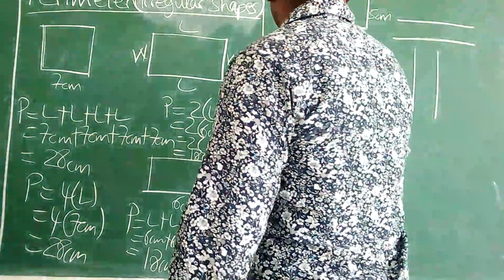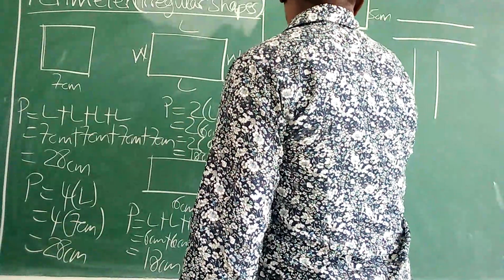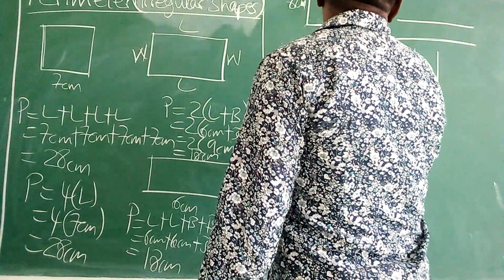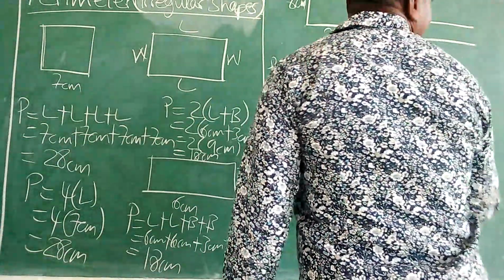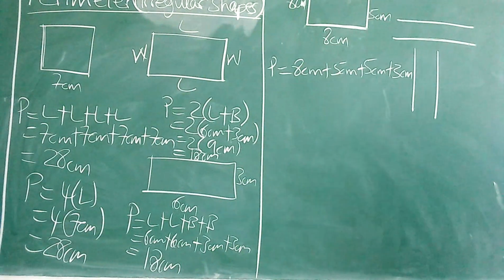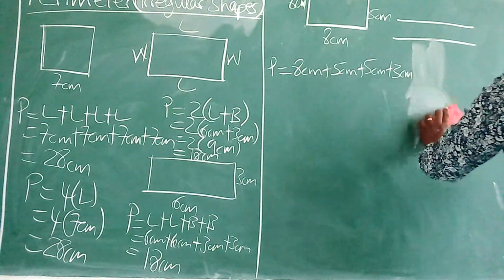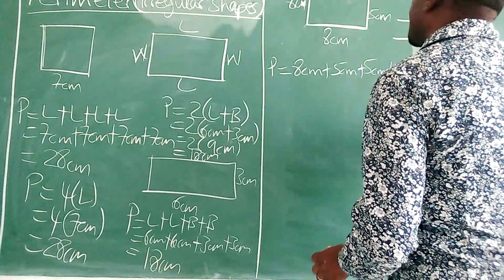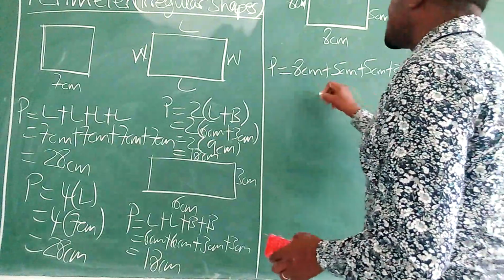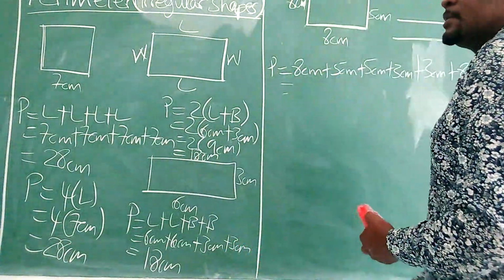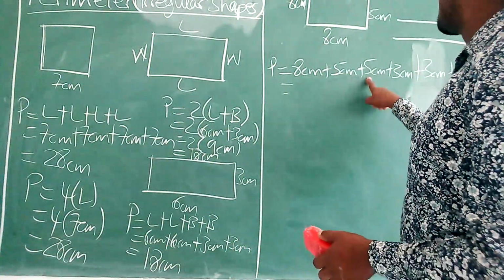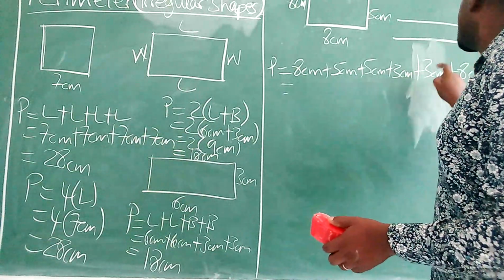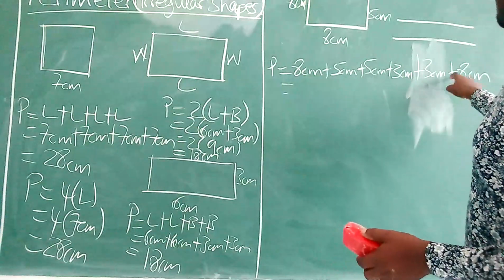So you write P equals 8 centimeters plus 5 centimeters plus 5 centimeters plus 3 centimeters plus another 3 centimeters plus 8 centimeters. So you add all. 8 plus 5 will be 13. 13 plus 5, 18. 18 plus 3, 21. 21 plus 3, 24. 24 plus 8, 32.